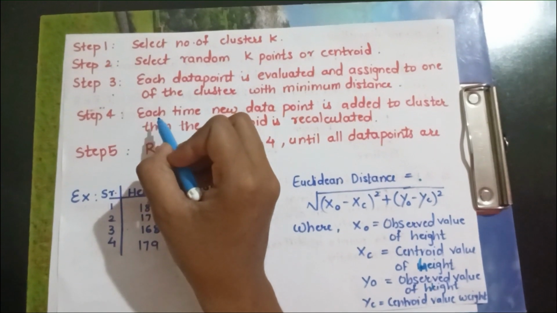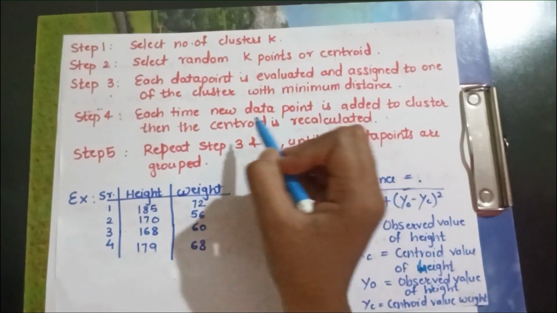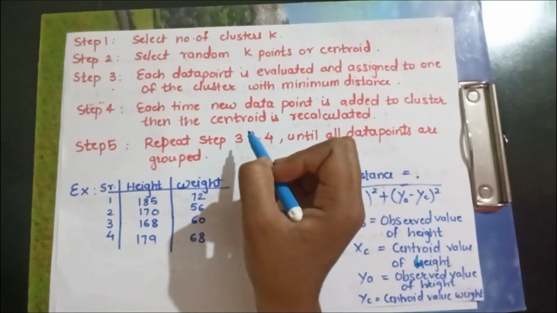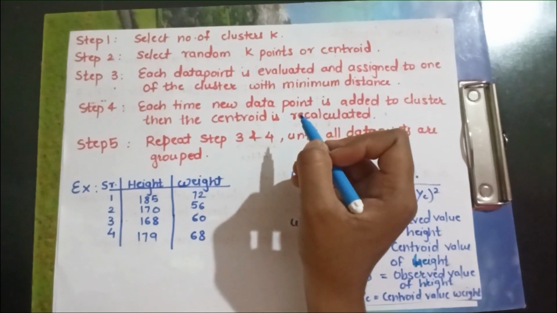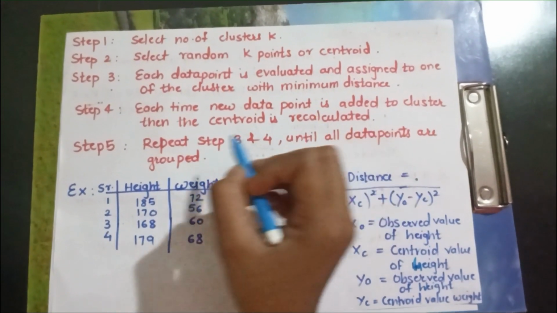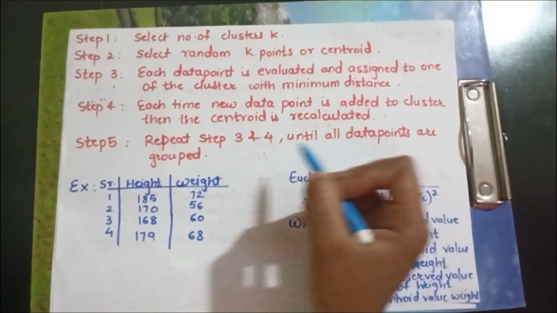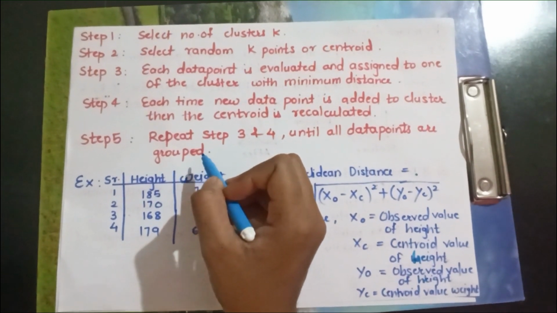Step 4, each time a new data point is added to a cluster, the centroid is recalculated. Whenever we add a data point to a cluster, we need to update the centroid of that cluster. Step 5, repeat steps 3 and 4 until all the data points are grouped into their respective clusters.